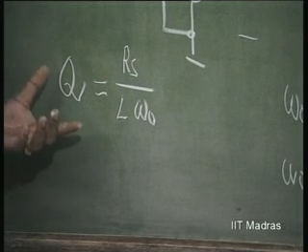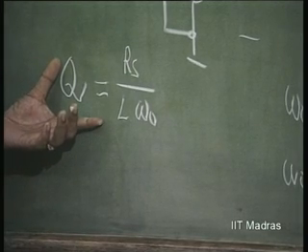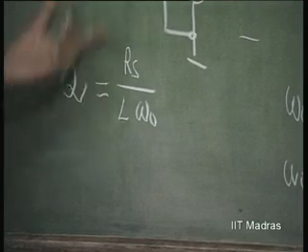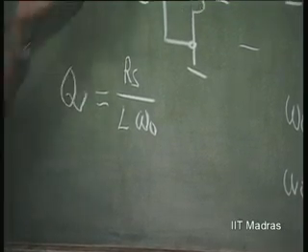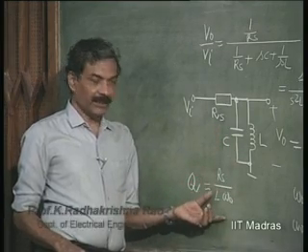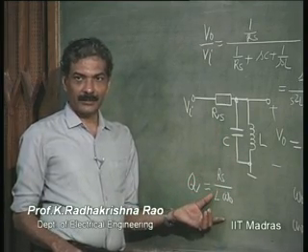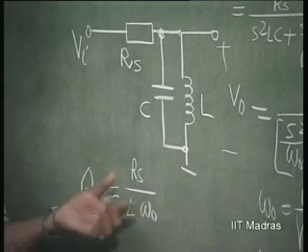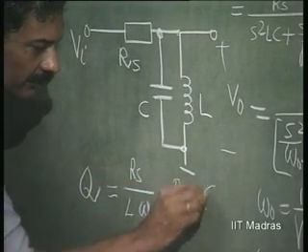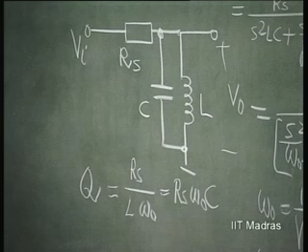Please remember, this is the conventional definition for Q of a parallel resonant circuit. Q is always equal to the resistance shunting the parallel resonant circuit divided by the inductive impedance. Or this is also equal to Rs into omega naught C, because omega naught C is equal to 1 over omega naught L.